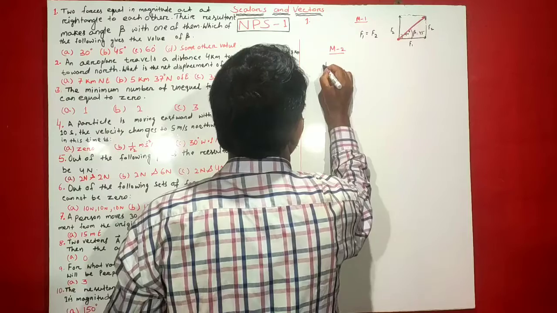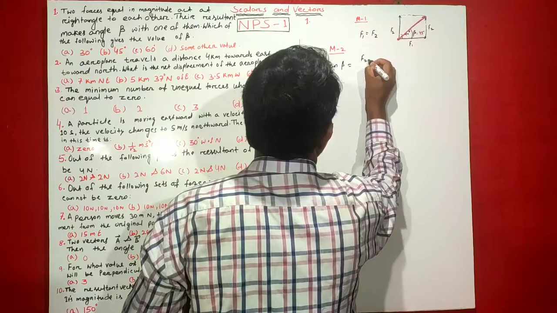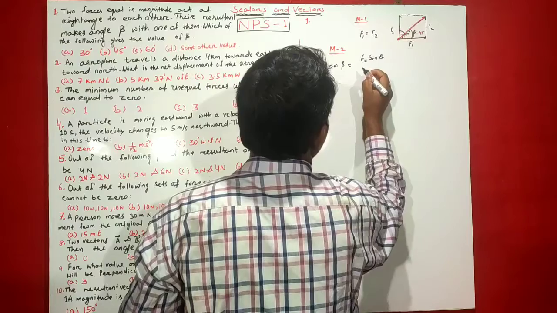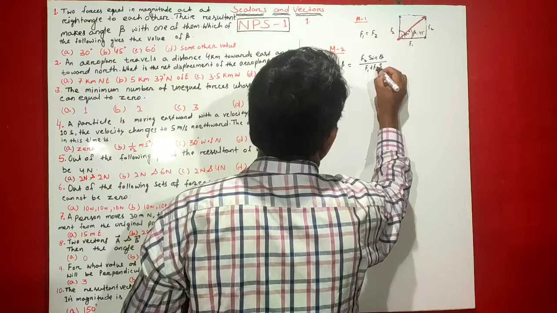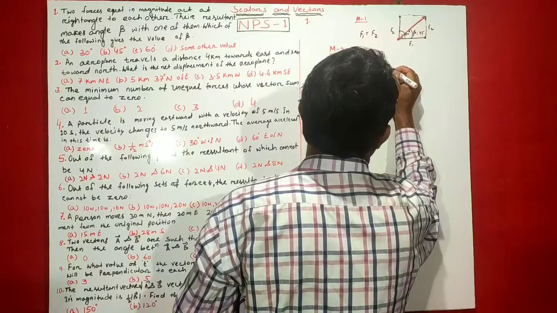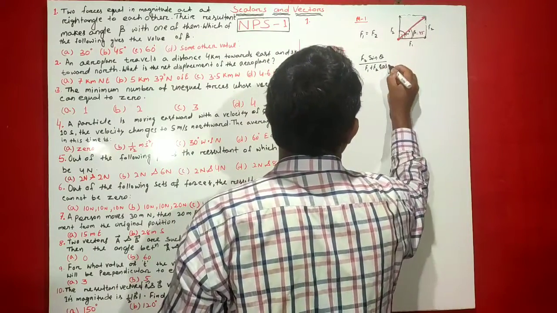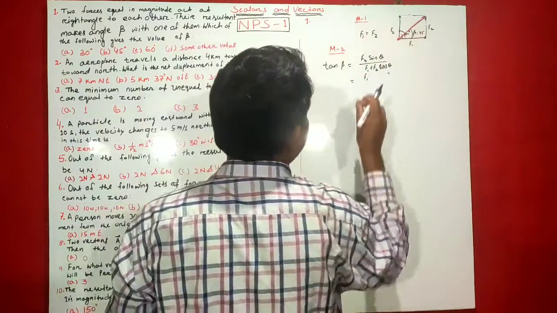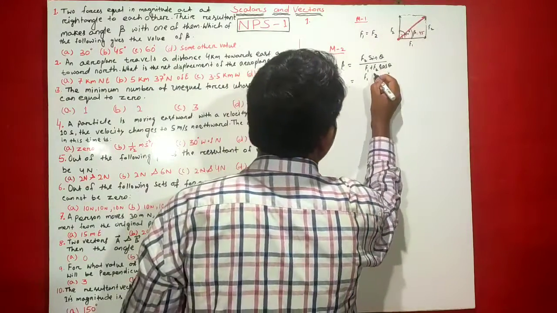Next, we can find beta. Beta is equal to F2 sin theta over F1 plus F2 cos theta, where theta is 90 degrees. We can also put F1 in place of F2 because they are two equal forces.